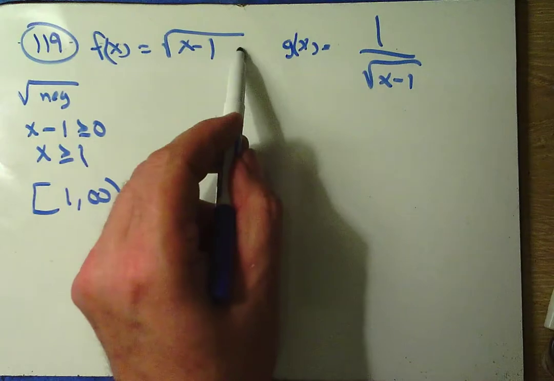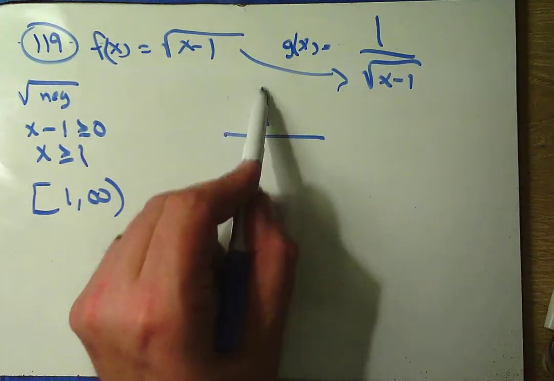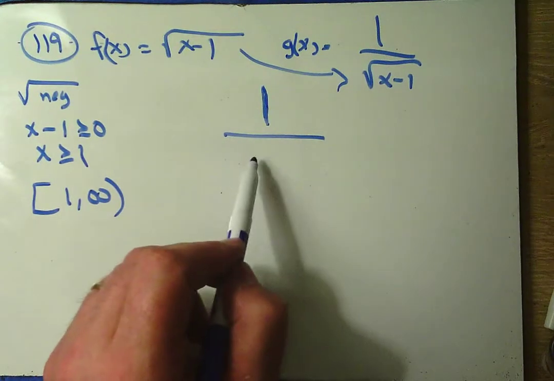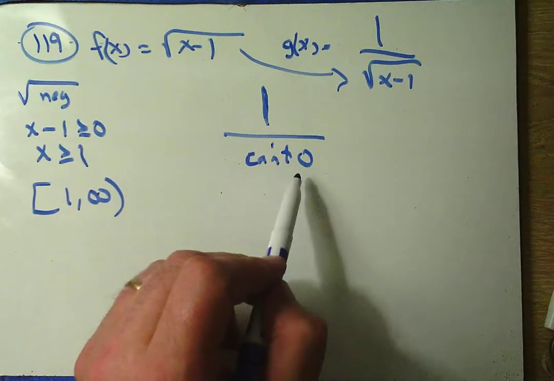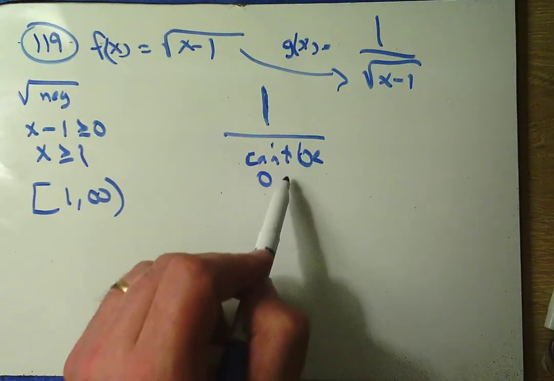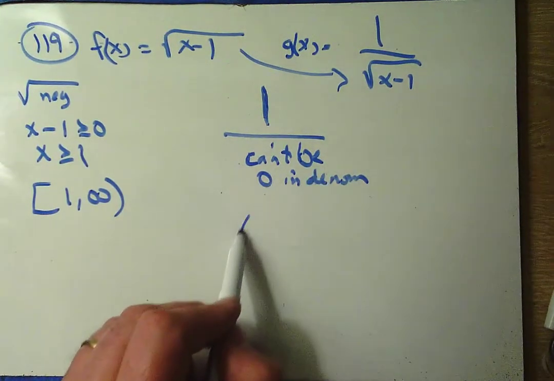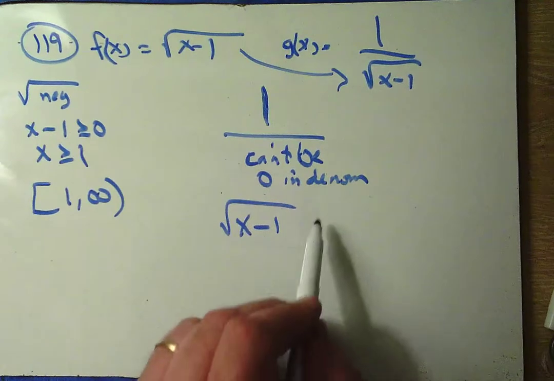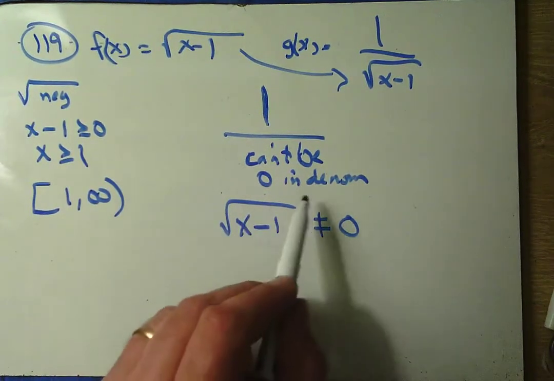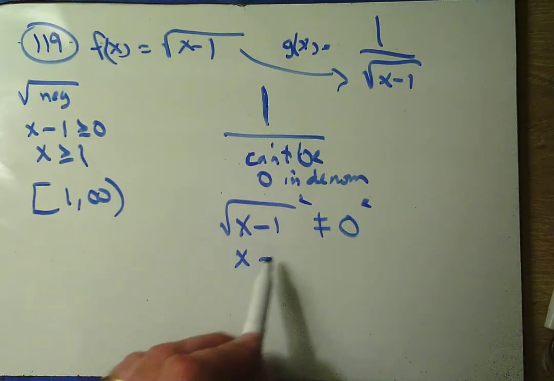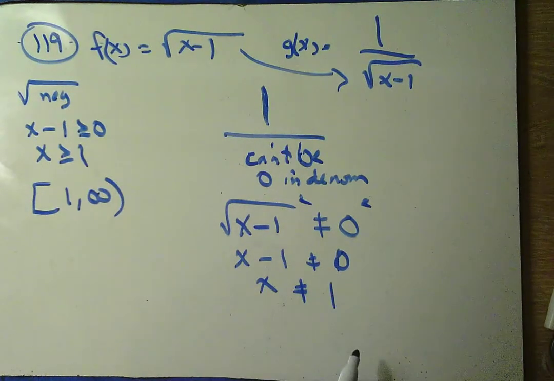But what if I take that radical and put it in a denominator? Remember, we also said when we started talking about domain in August that we can't have 0 in the denominator. Well, square root of x minus 1 can't be 0. What would cause this to be 0? Well, if we square both sides, x can't be 1.